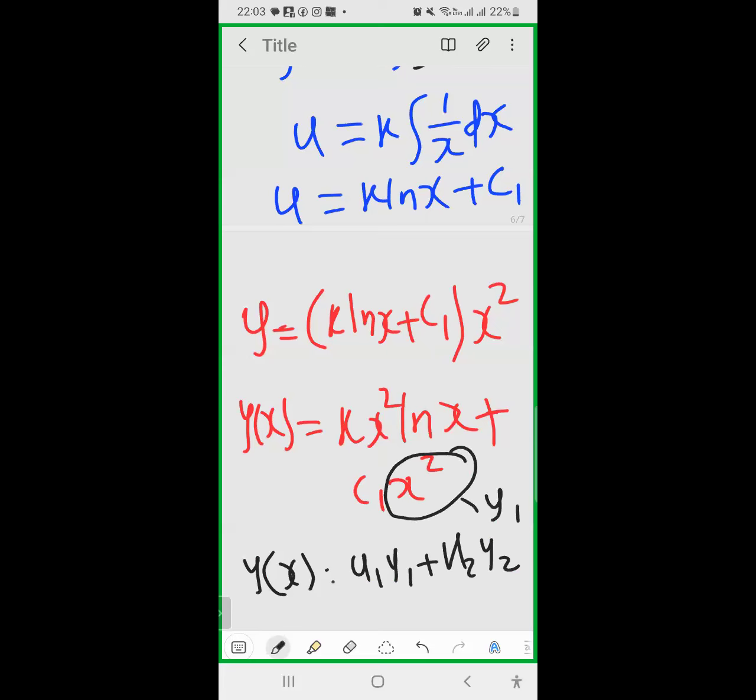Therefore, our second solution is basically x squared ln of x. Hence, the second solution y2 of x will be equal to x squared ln of x, and that is the second solution. Now we have answered the question.